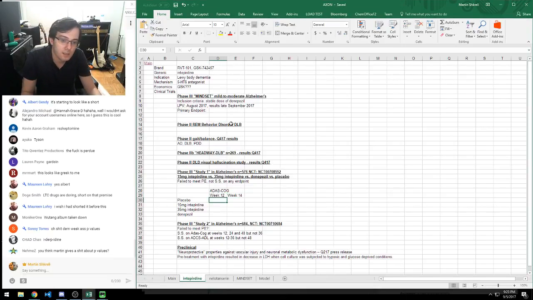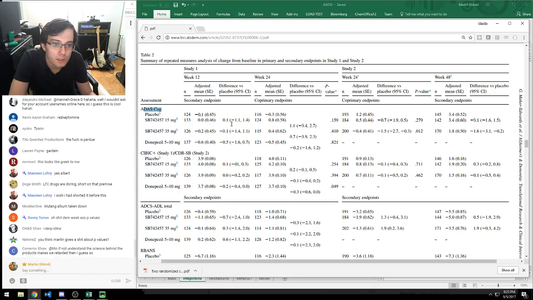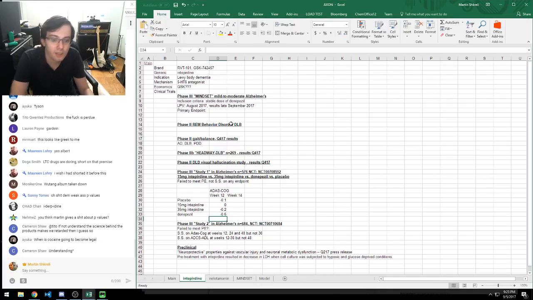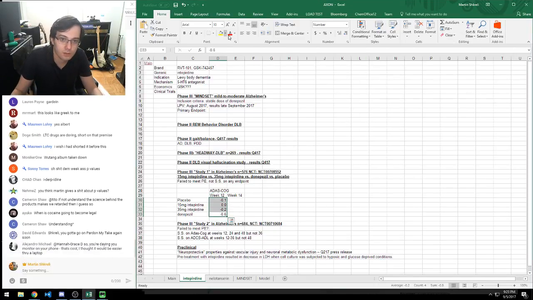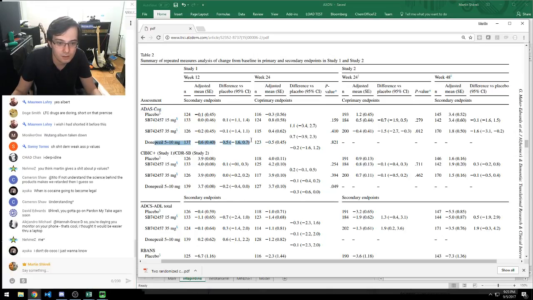And ADAS-Cog is the kind of scale that the lower you go, the worse. So after 12 weeks, placebo went down 0.1, drug did not change, and intepirdine went down 0.2. And I'm sorry, ADAS-Cog is the higher it goes, the worse it is. So it looks like donepezil patients did the best.